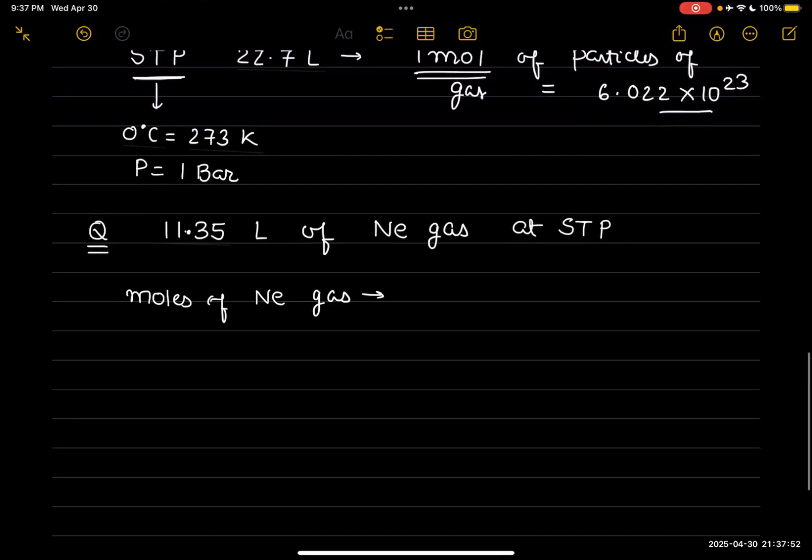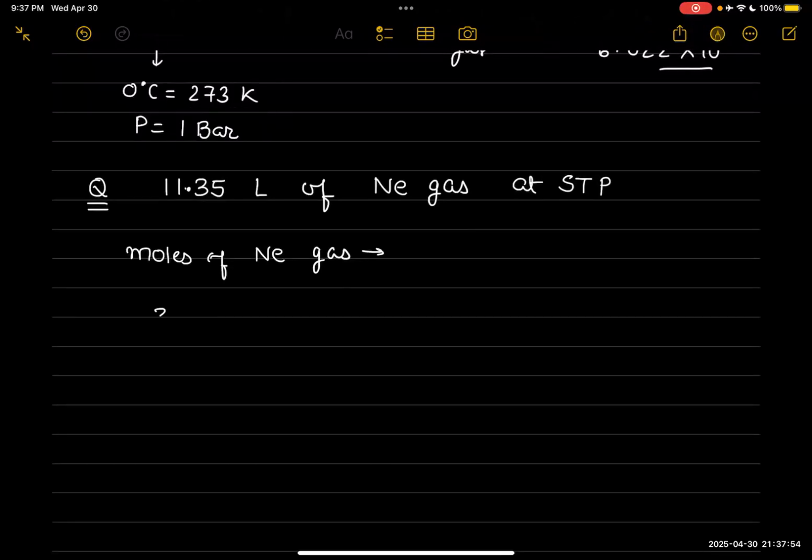So we can apply the unitary method. When the volume is 22.7 liters, it was 1 mole. Got it? When it is 1 liter, this is many to 1, so what do you do? Divide.